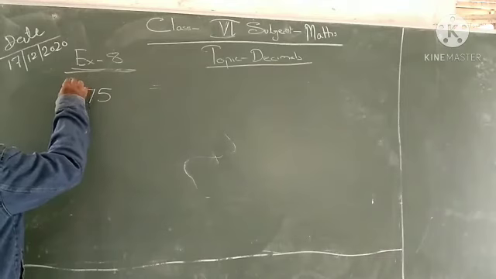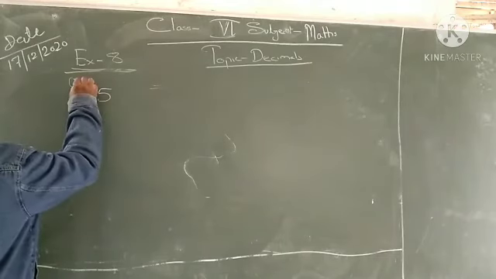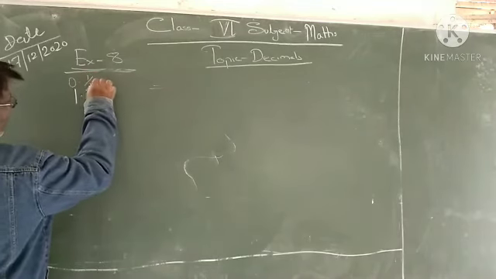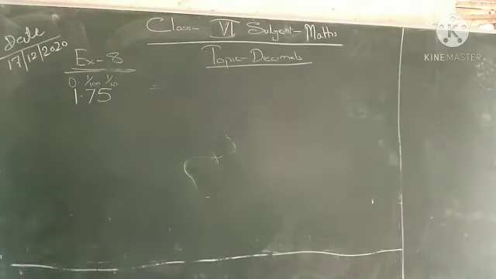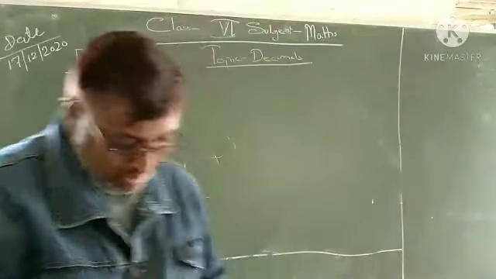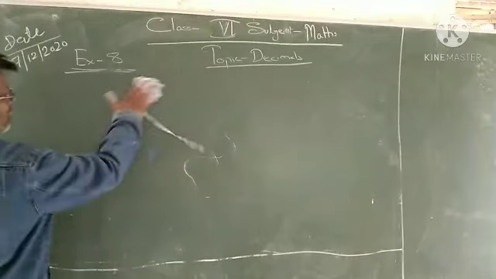In this case, this is ones, and after the point it comes as 1 by 10. Sorry. Let's remove this.